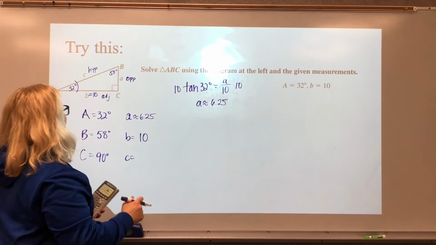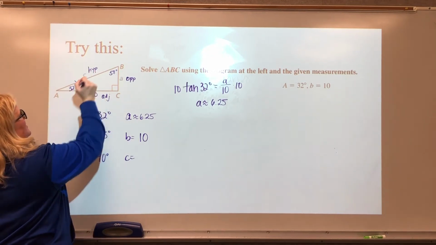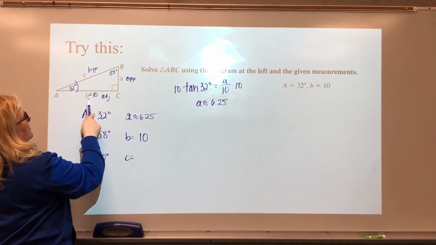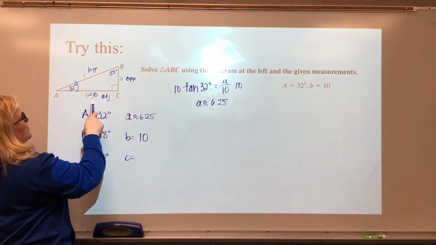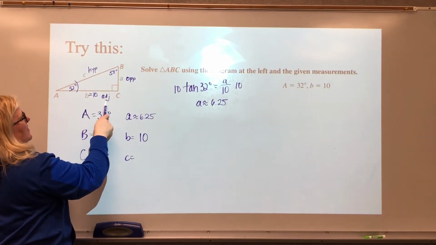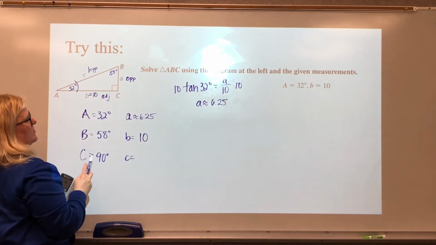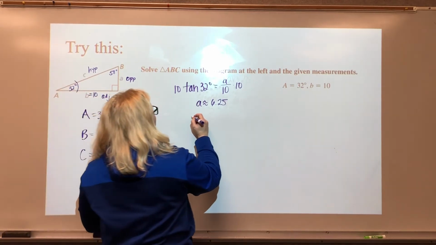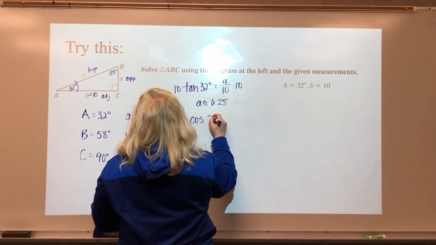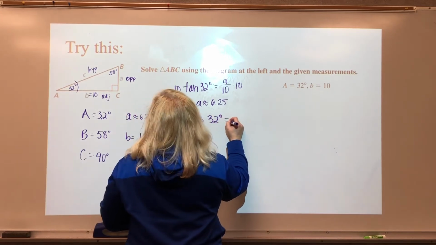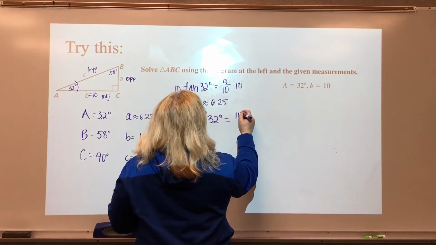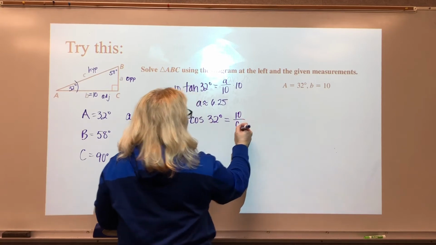All right, so now to find C, I have B here, which is 10. So what function involves adjacent and hypotenuse? Well, that would be the cosine again. So cosine of 32 degrees equals my adjacent over my hypotenuse.